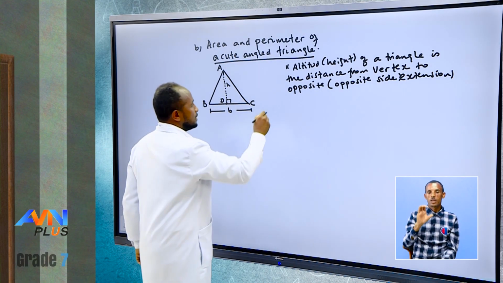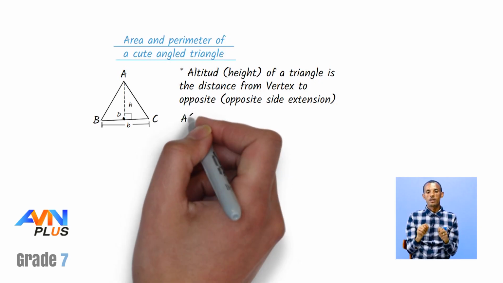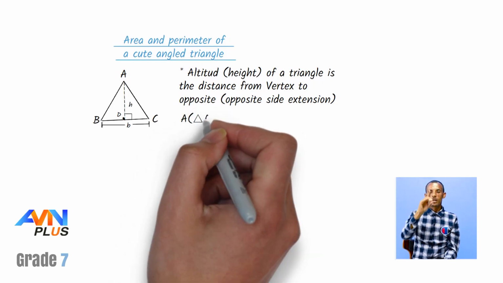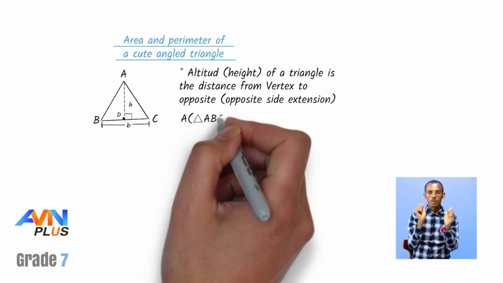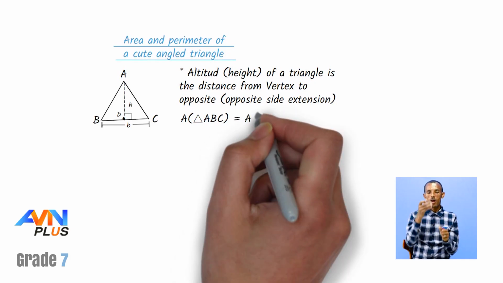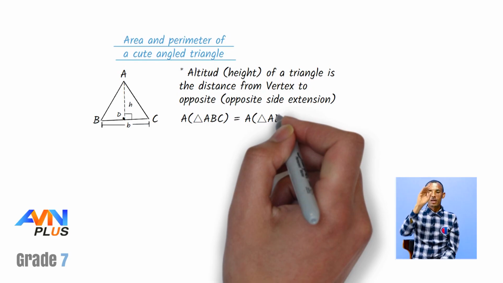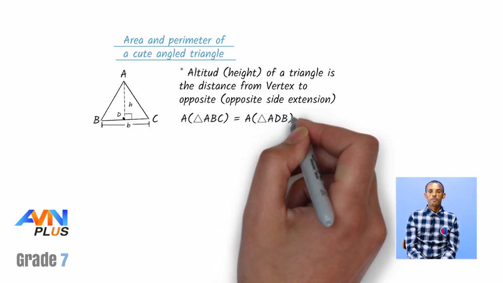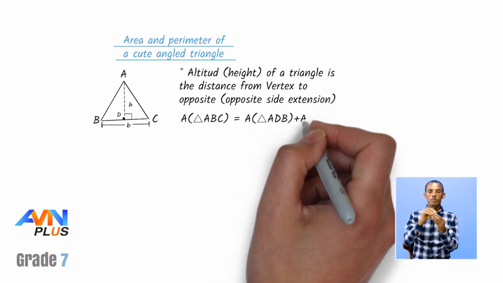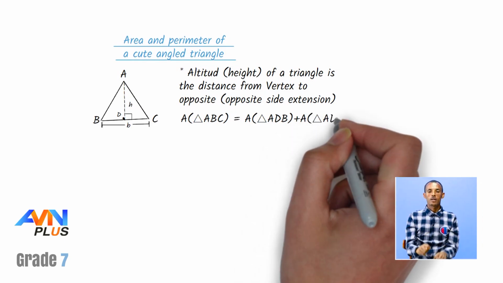So here the area of triangle ABC will be equal to the sum of the area of triangle ADB plus the area of triangle ADC.